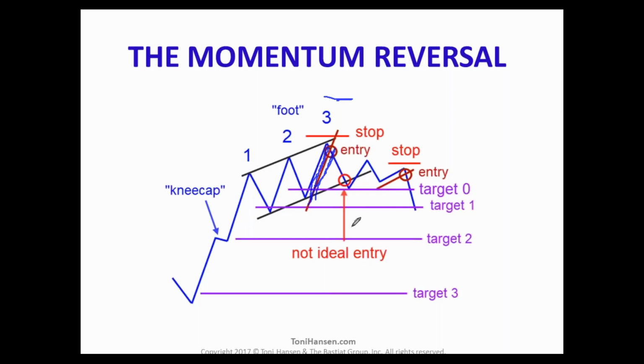Now, there are alternate entries in case you miss that. A lot of people will think, okay, I will use that channel break then as my entry, the lower channel of the parallelogram. The problem with that is that you're also usually coming into a price support level from the channel that's coming off of that second high.